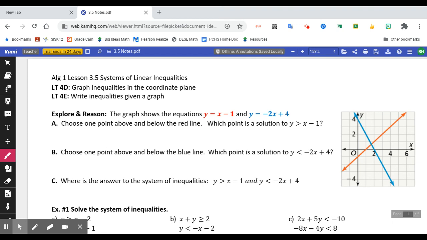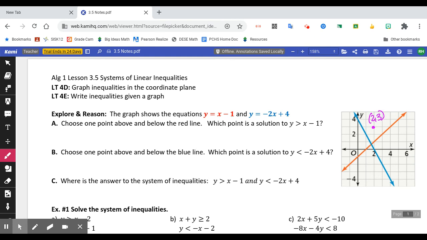To kind of show you what these are, we actually have an explanation on how we're going to figure out if it's an answer or not. So we didn't talk about this in single inequalities, but this is important to be able to check your answer to see if it's right. So we're going to choose 1 point above and below the red line. 1 point above the red line would be maybe here, which would be 2, 3.